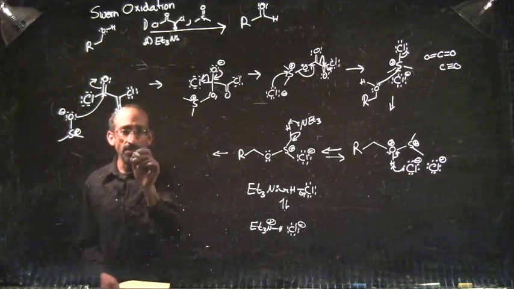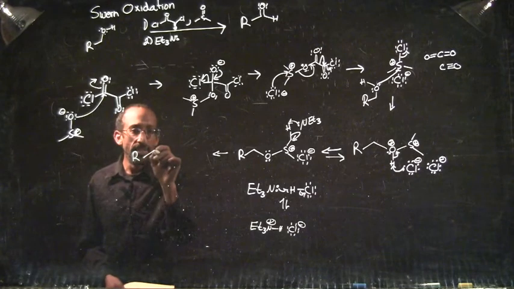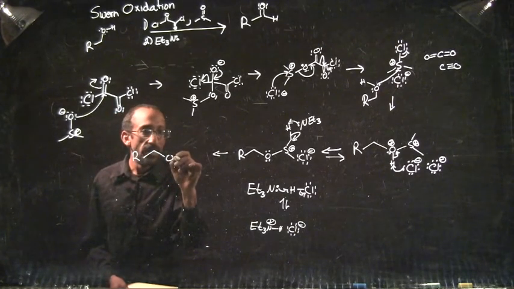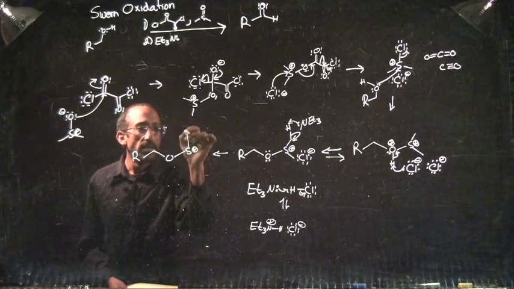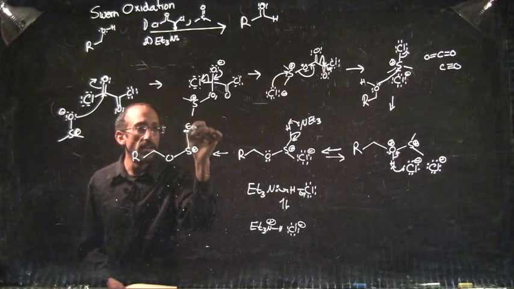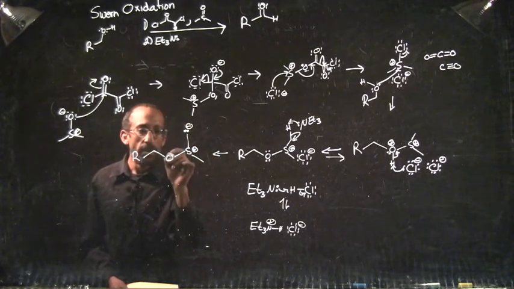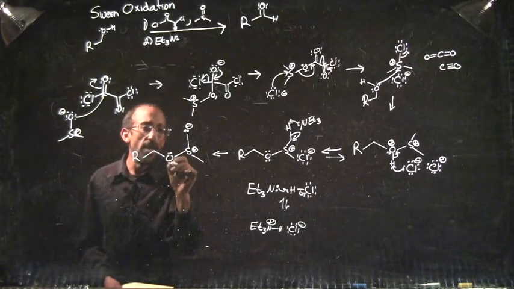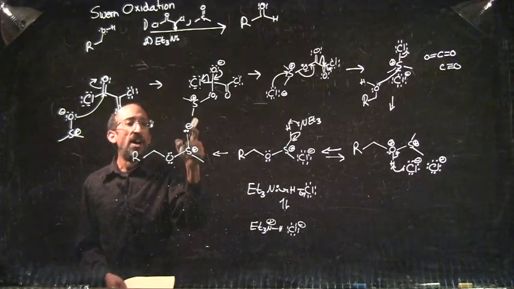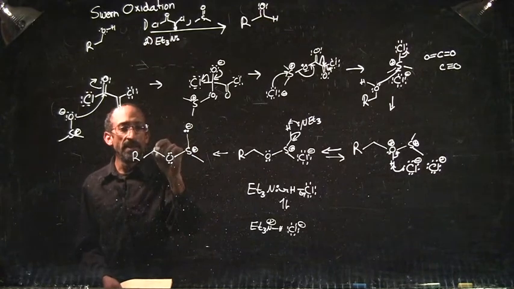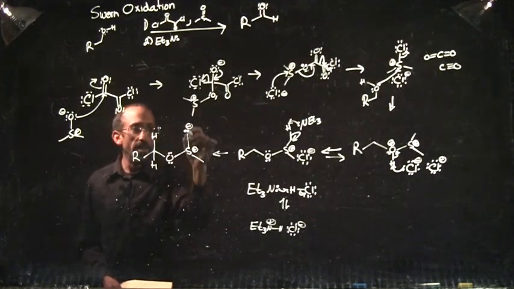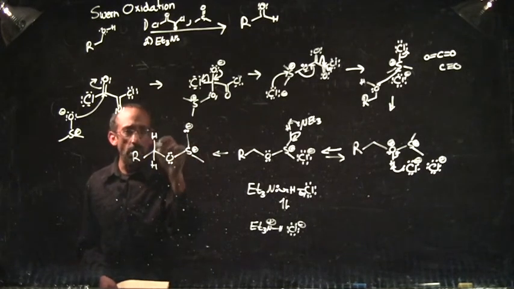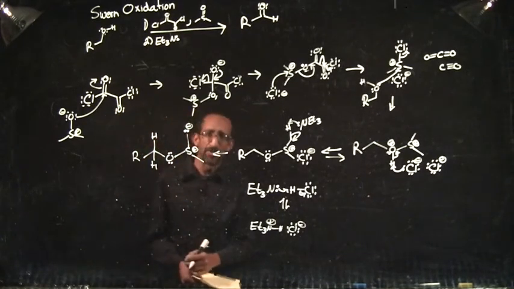And so now we have this situation here where I've got a negative charge on this carbon atom and 1, 2, 3, 4, 5 atoms away I have a hydrogen.